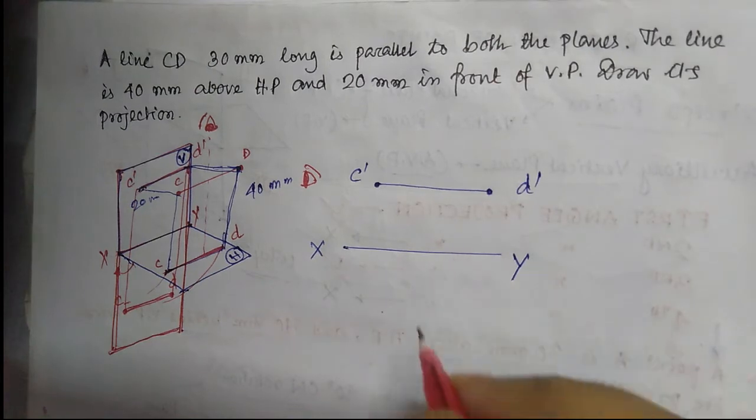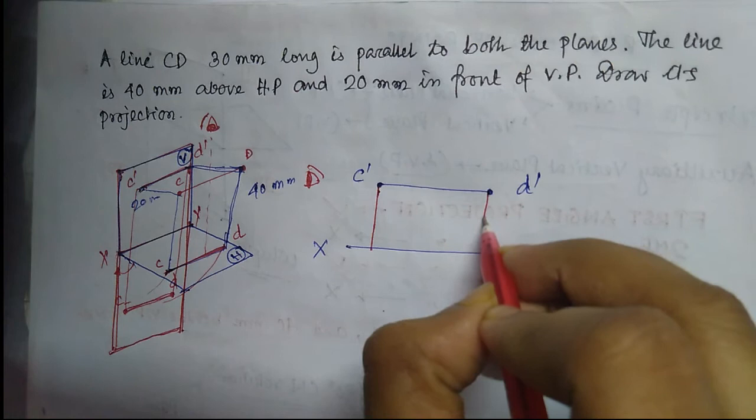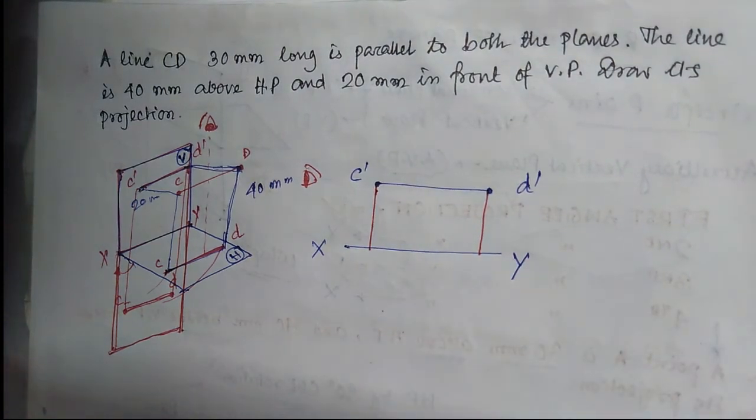Then we'll draw projection line. First up to this. Projection line will be made by 2H pencil, continuous thin line.